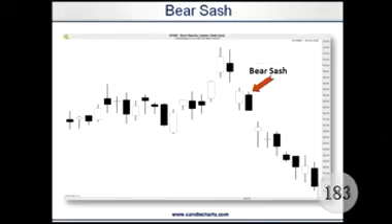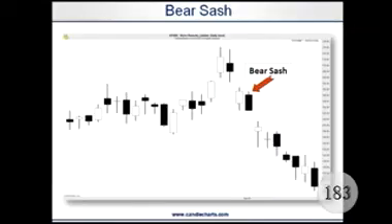Question: is there anything done on these that says that if such and such happens, a percentage or a probability will be that this other thing will happen? Or is that not pertinent? So you're saying, for example, let's say we have a bear sash. What's the probability of the market moving down or moving up? I don't know if there is anything like that, but that's not the important thing.